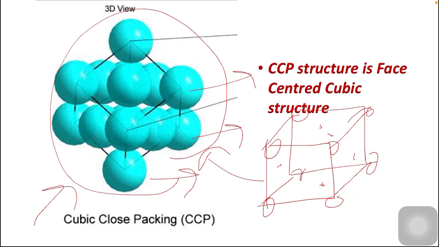So cubic closed packed structure is face centered cubic structure, and the efficiency of this structure to fill up space is 74%, which we have discussed in our previous video where we had discussed about the characteristics of cubic crystals.